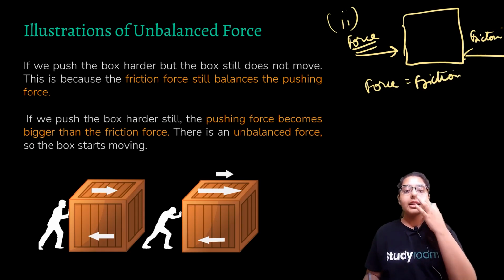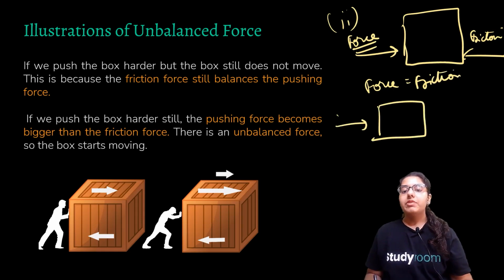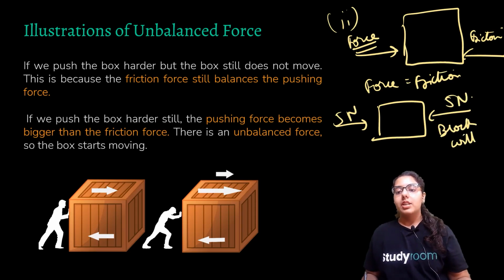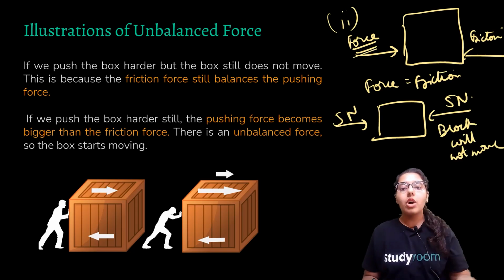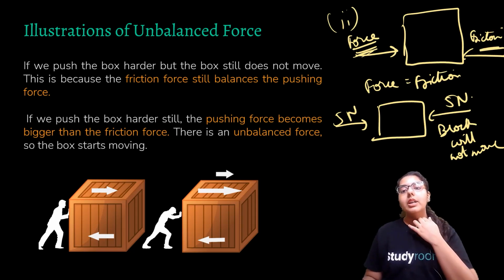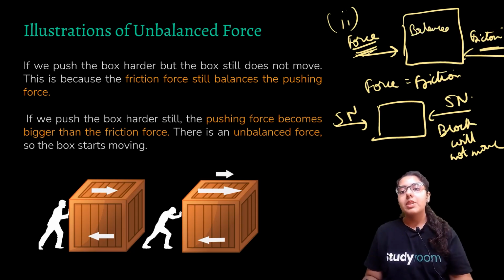As we studied in balanced forces, if 5 Newton is applied from here and 5 Newton from here, what will happen? The block will not move. Why so? Because these are balanced forces. Now if your force is equal to the frictional force, it will balance out. It will be a balanced force, right?